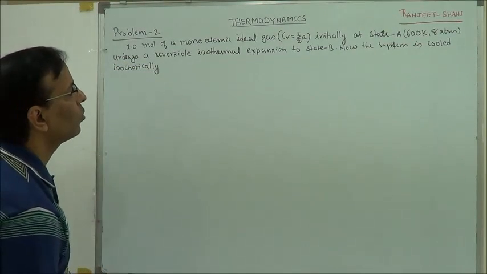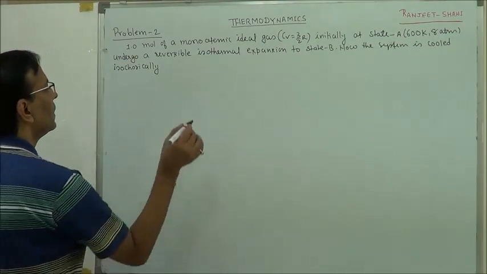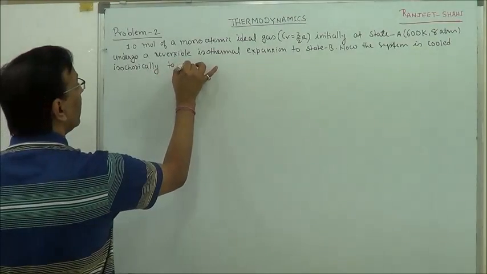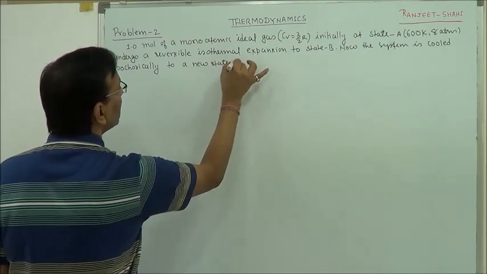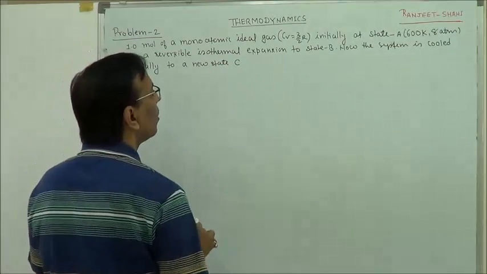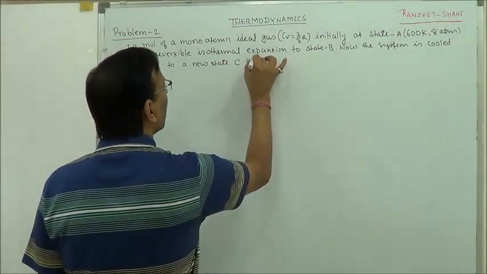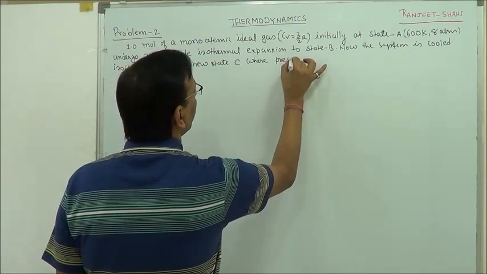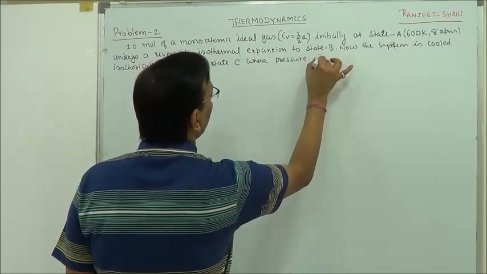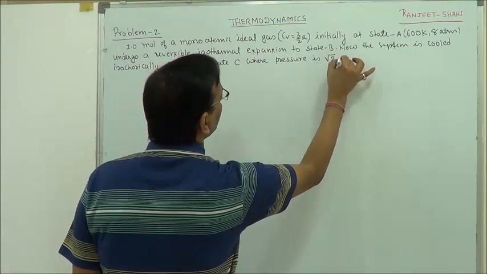The system is cooled isochorically to a new state C, where the pressure is √2 atmosphere.